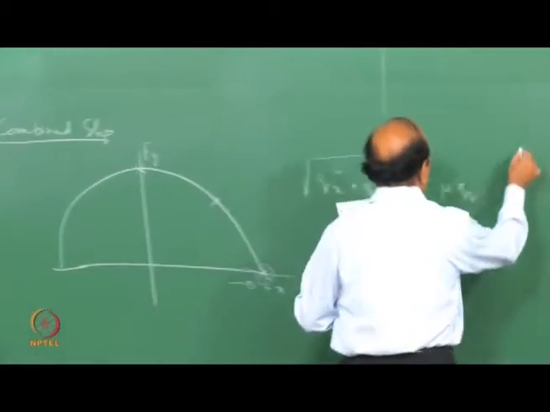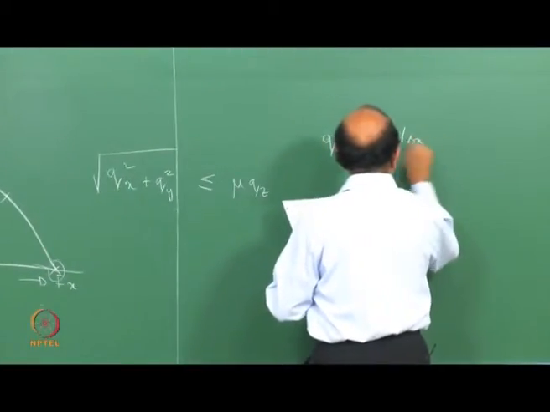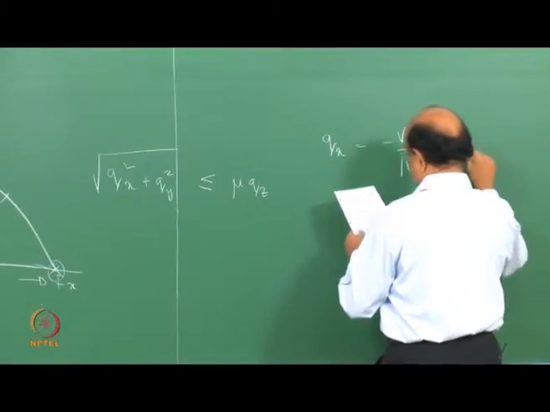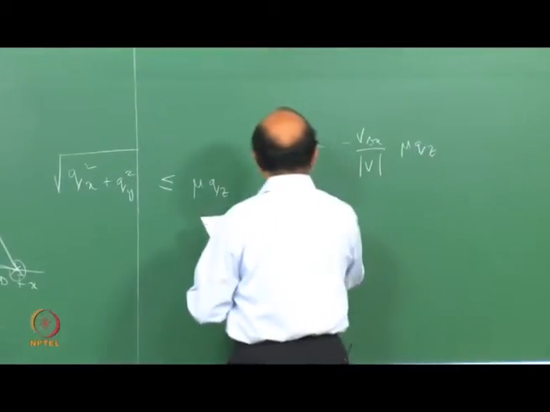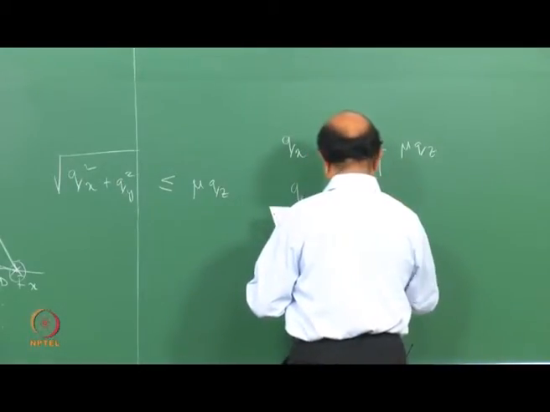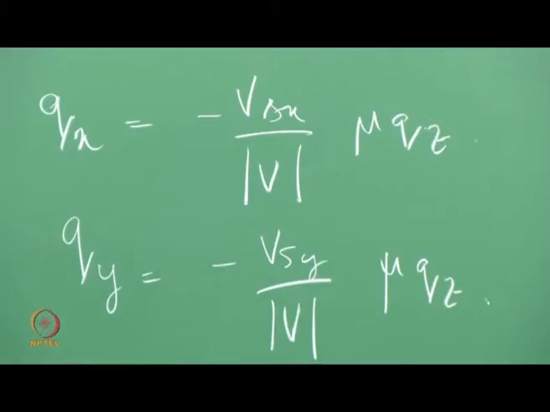Actually, qx and qy are given by, I'll just write this quickly. When it is in the slipping region, force per unit length, I already said that.